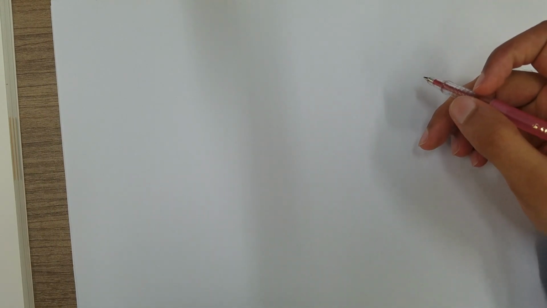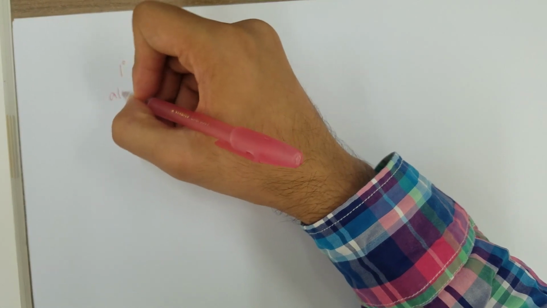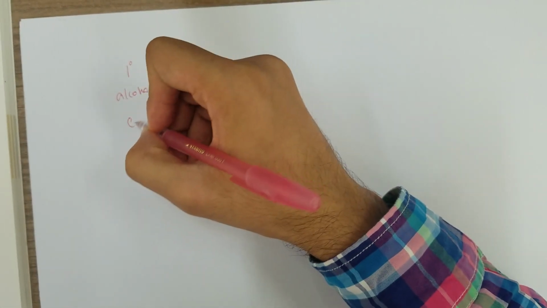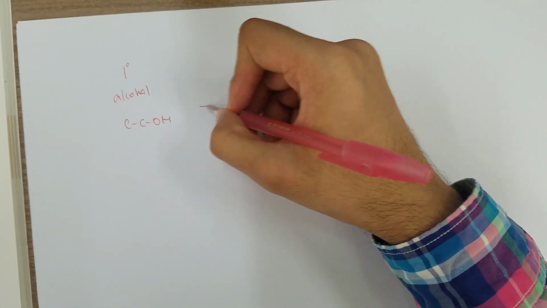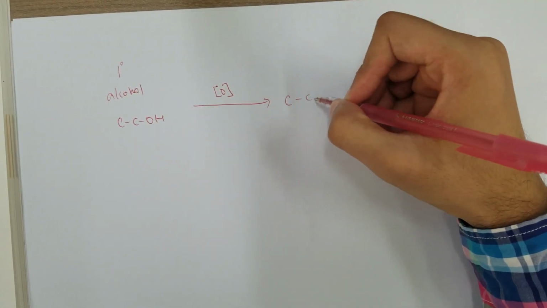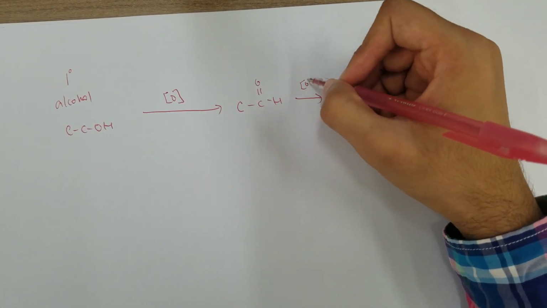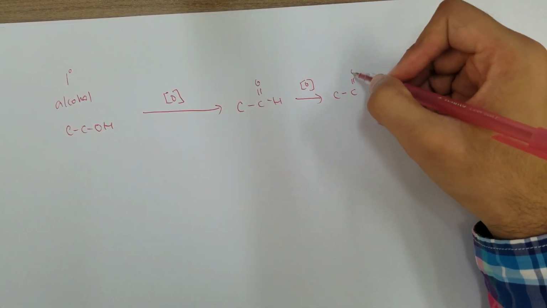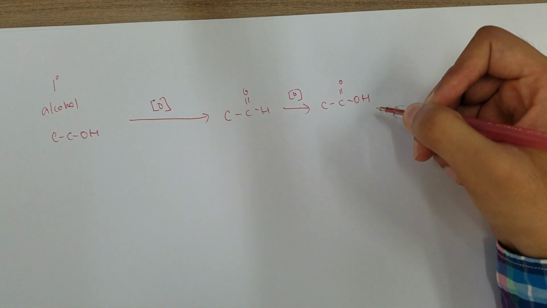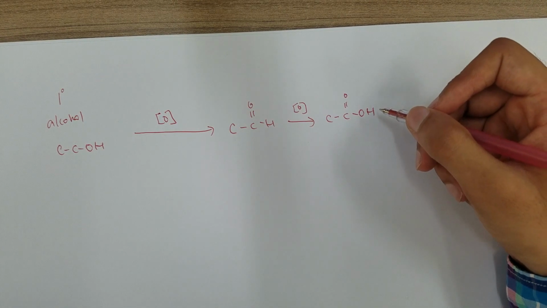If you remember, for primary alcohol, let's say I give you ethanol, if it undergoes oxidation, I will get aldehyde. If I keep going with oxidation, I will get carboxylic acid.